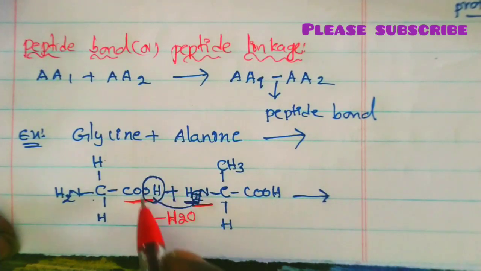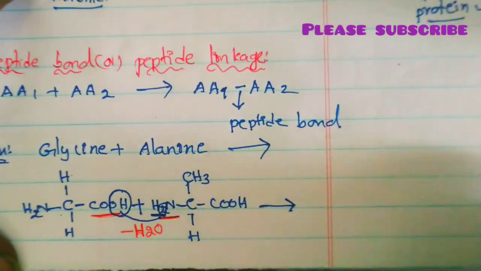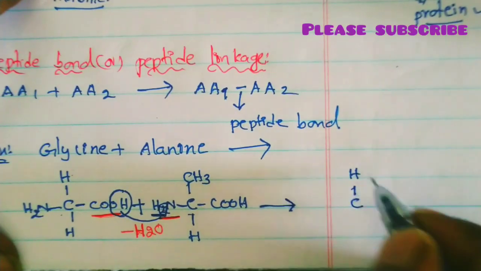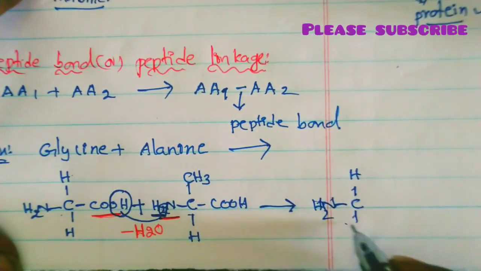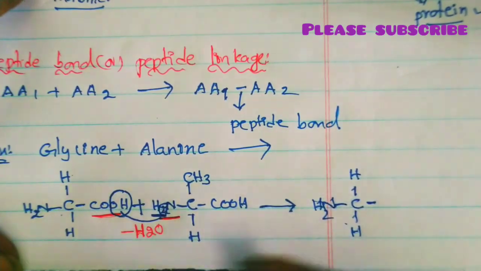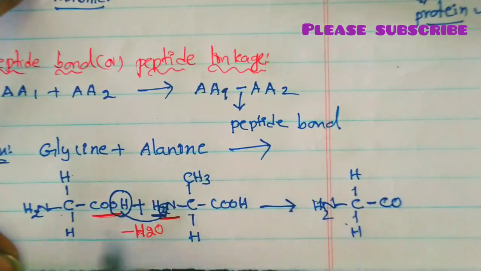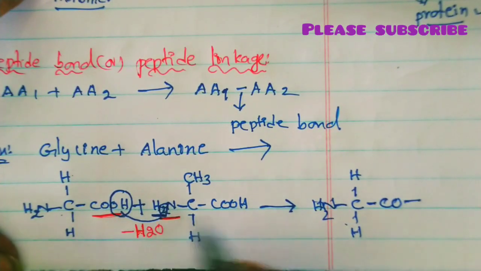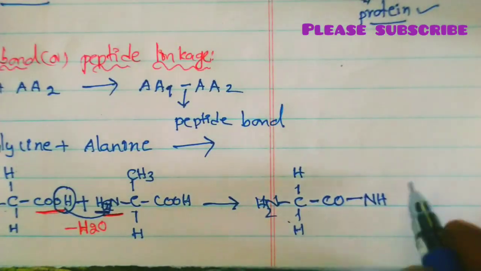Here you should eliminate the water molecule. So I will write here the product. Same, you have to write hydrogen, this side NH2 group, this side one hydrogen. If you remove one OH group, here only CO is there. It is attached with this NH, one hydrogen. If you remove, you will get NH.